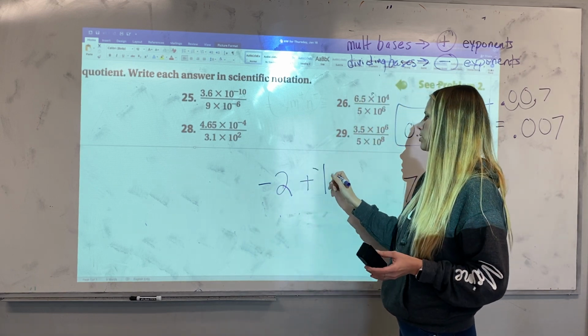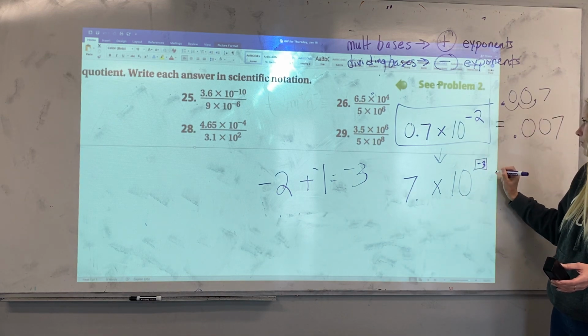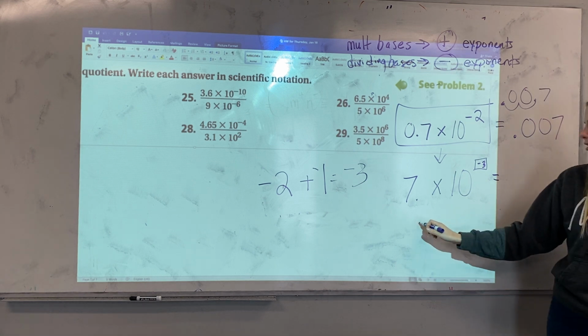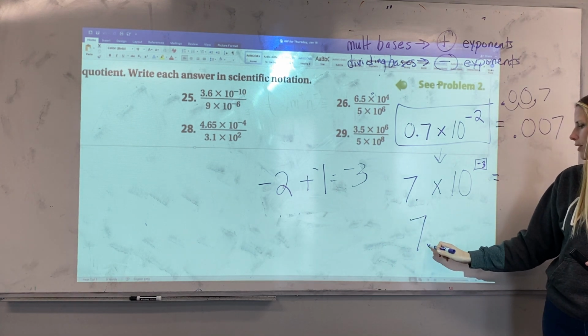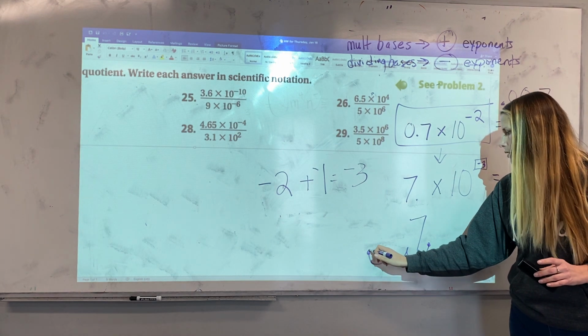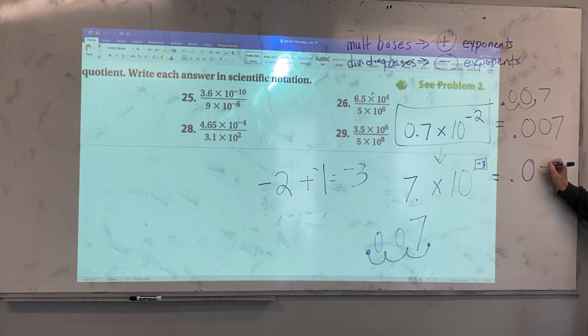Kill the cockroach, change the sign. So it'd be -3. And I can prove that in standard notation, same exact number. The whole number 7, moved 3 places to the left, 1, 2, 3, is 0.007.